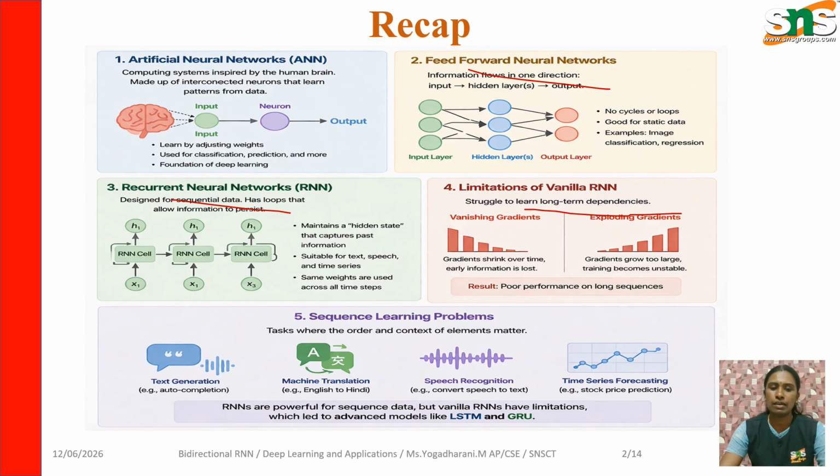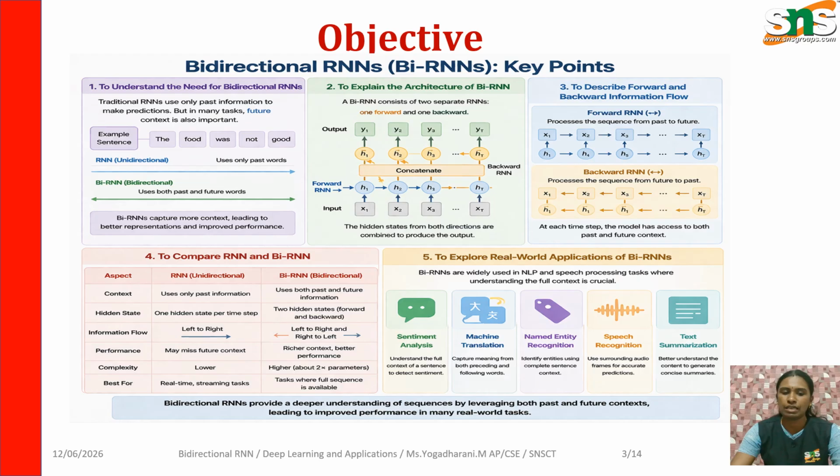An RNN processes information step by step and remembers previous information using hidden states. Today, we will see how bidirectional RNN improves upon traditional RNNs. Here is the difference between the feed-forward neural network and RNN, and the next slide shows the objectives of bidirectional RNN.